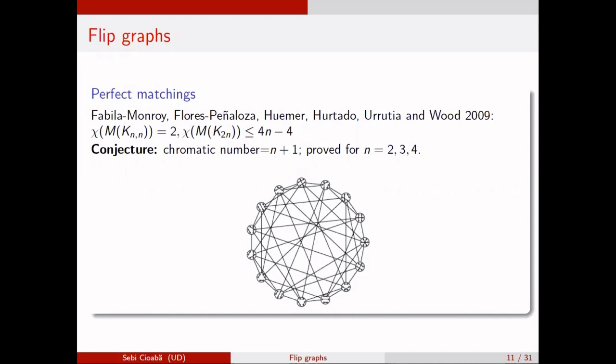And the chromatic number is 4. And then by computer for n equals 4, the graph has 105 vertices, it's 12-regular, and they observe that the chromatic number is 5. So the pattern is kind of clear. They conjecture that the chromatic number is n plus 1 for any n.